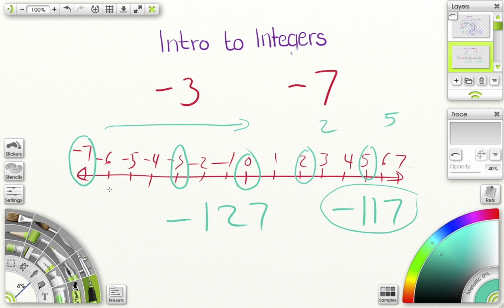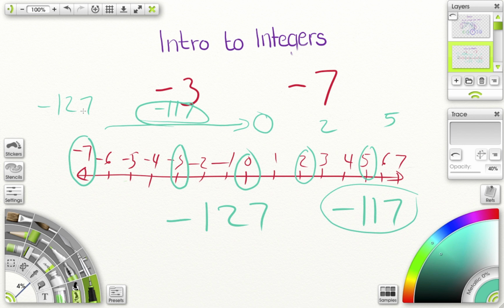Okay? So if I have -127 on my number line and -117, this one is going to be closer to 0 automatically. It looks like a smaller number, but it's actually worth more. Think about it this way. If I owe someone money, would I rather owe them $127 or $117?